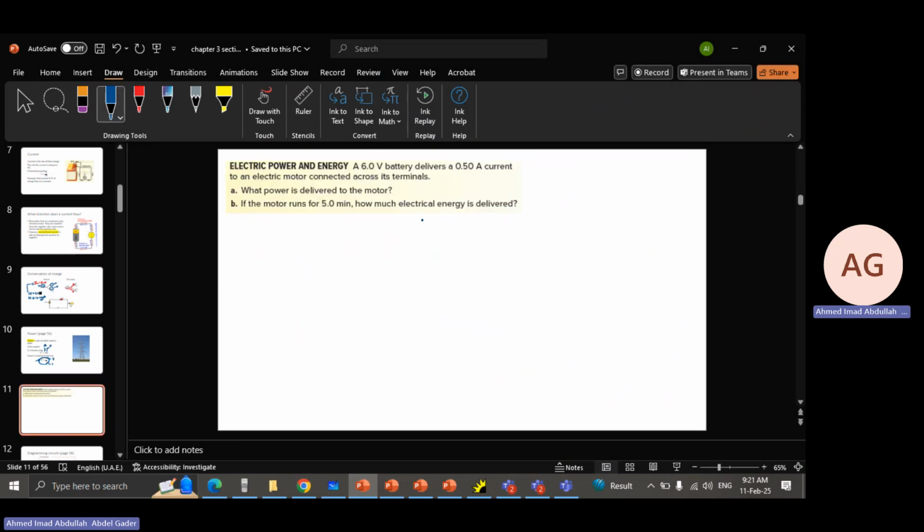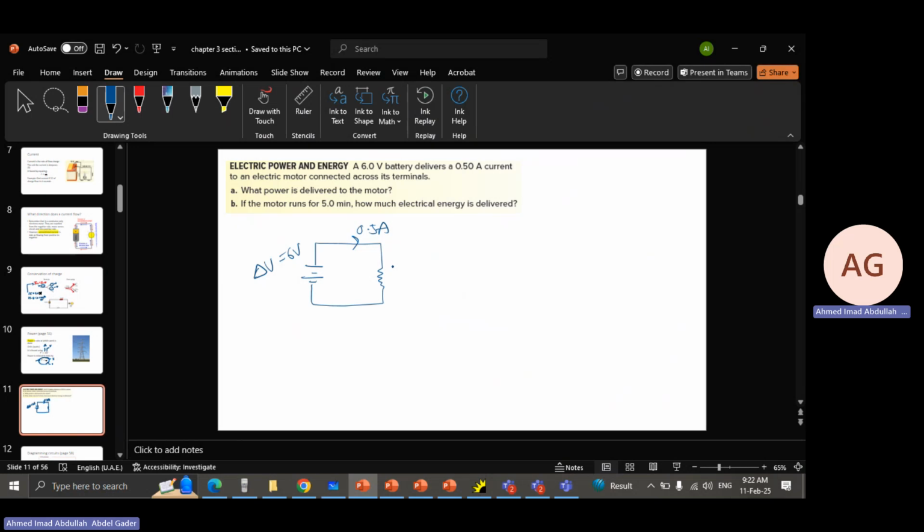So let's consider this example. It says a 6-volt battery, so delta V equals 6 volts, delivers 0.5 amps across an electric motor.